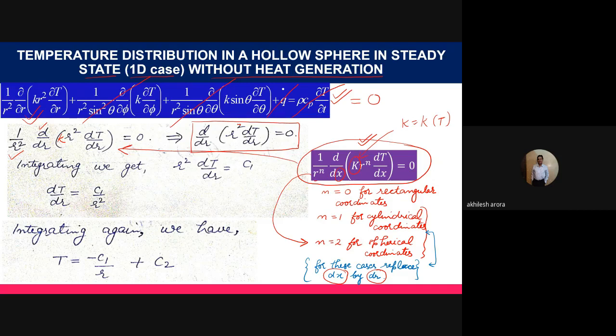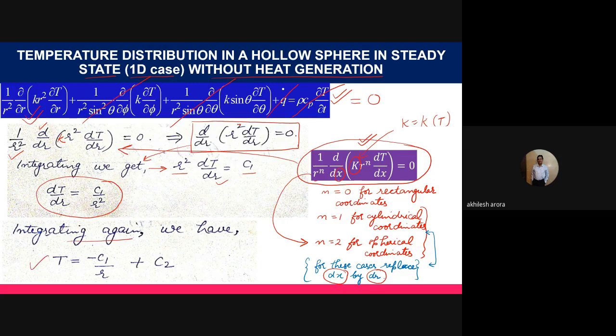Okay, now from this particular equation, we can integrate it first time. So we will get r square dt by dr is equal to c1. Then we can write this equation as dt by dr is equal to c1 by r square. And then we can integrate it once again.